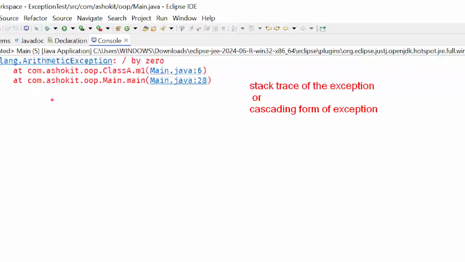See the first line. What is this exception? java.lang.ArithmeticException. This first part is called the exception class name.